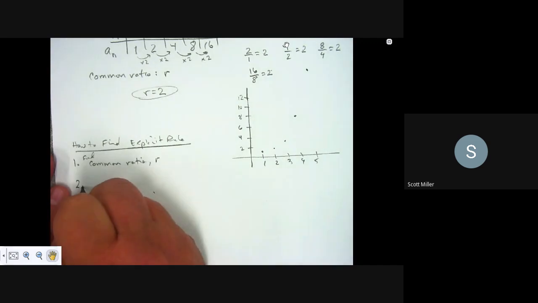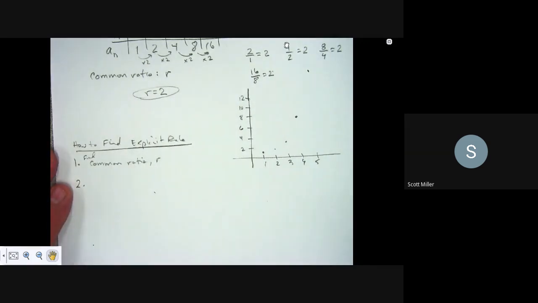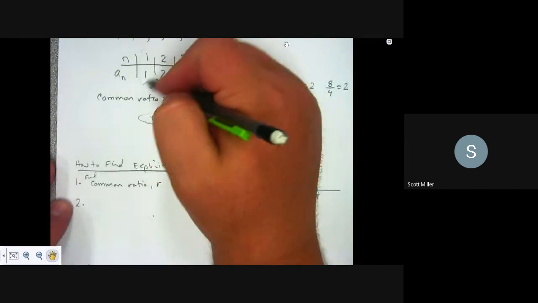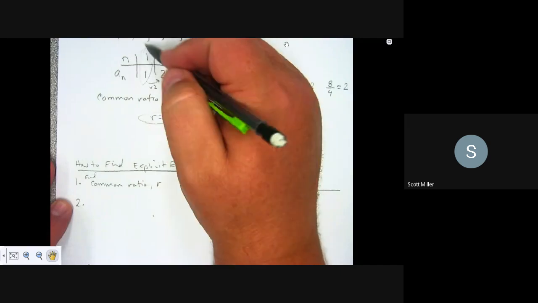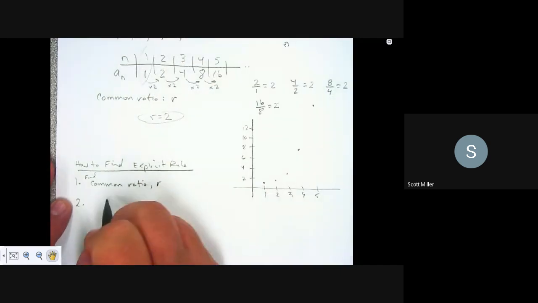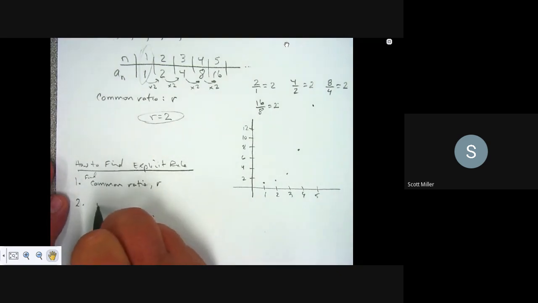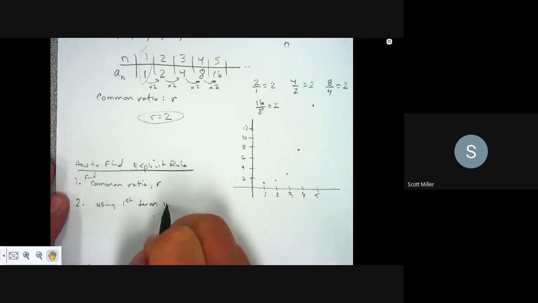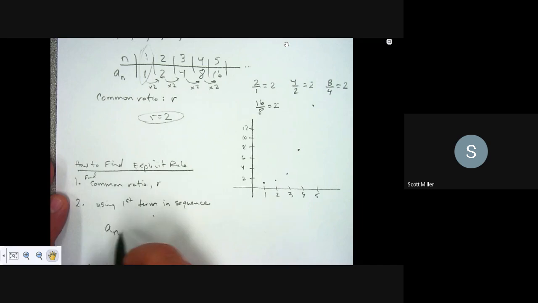Once you have that, you're going to pick a point from the sequence. So the first way I'm going to show you is by picking the first number in the sequence, which is this one, the first term in the sequence. The first term in the sequence is 1. So that point right there. So using the first term in the sequence, I can find the explicit rule because I need the first number in the sequence.